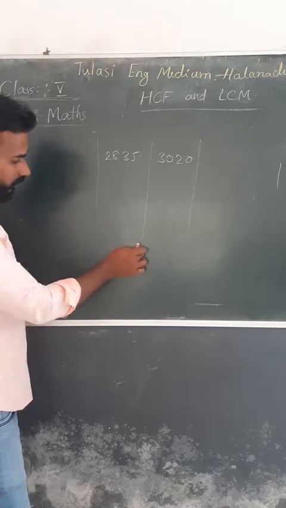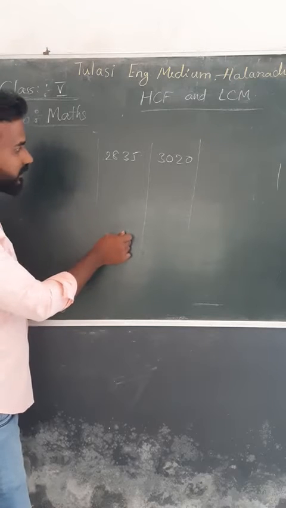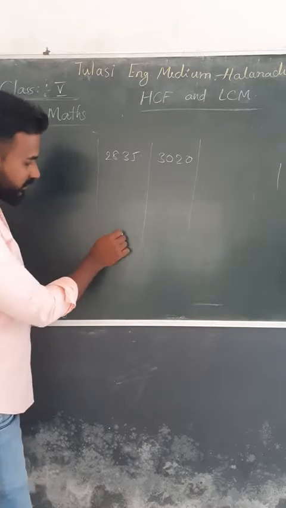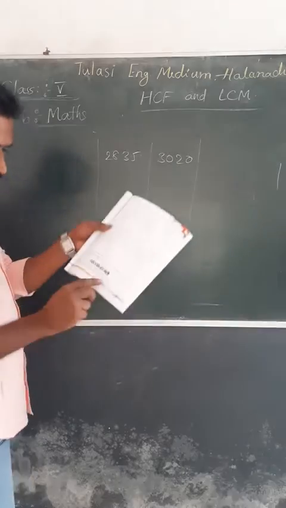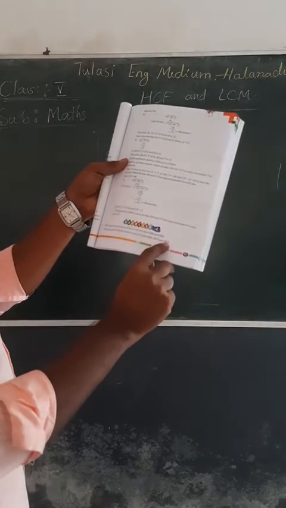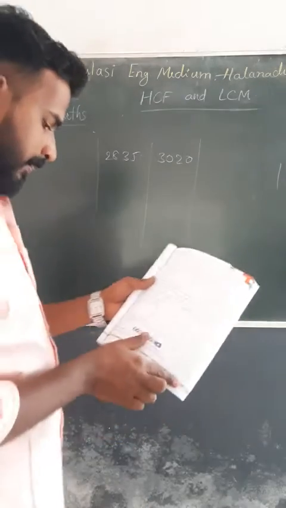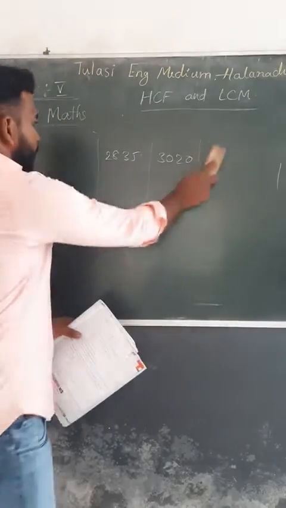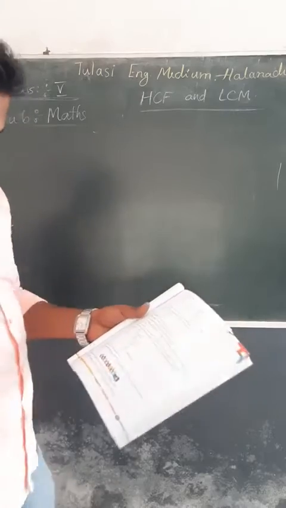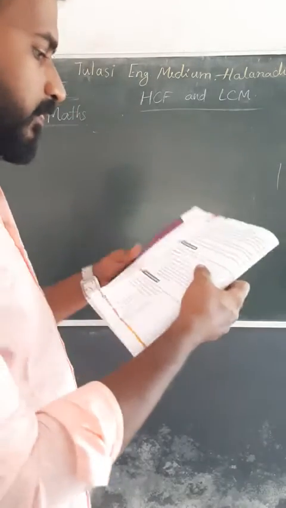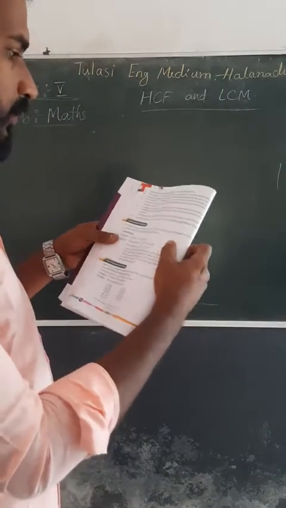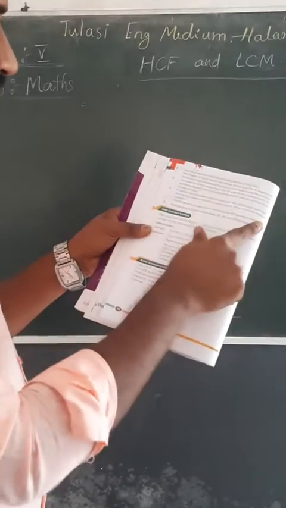So ultimately you will get a last divisor. Consider the last divisor as one number and the other number will be the third number, 3125. So follow the same method.